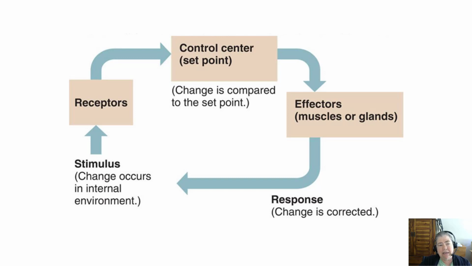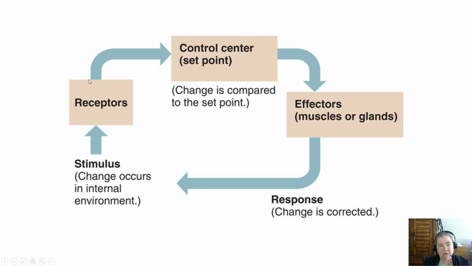So this is just a diagram showing you a feedback loop. We have a change that occurs in the environment. That change might be, for instance, an increase in sodium ions in the extracellular fluid compartment, in the plasma.